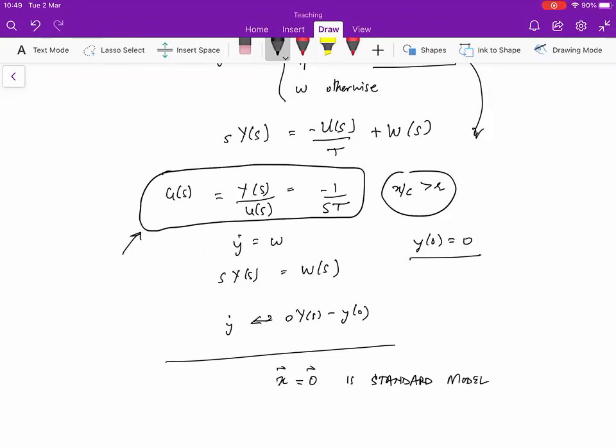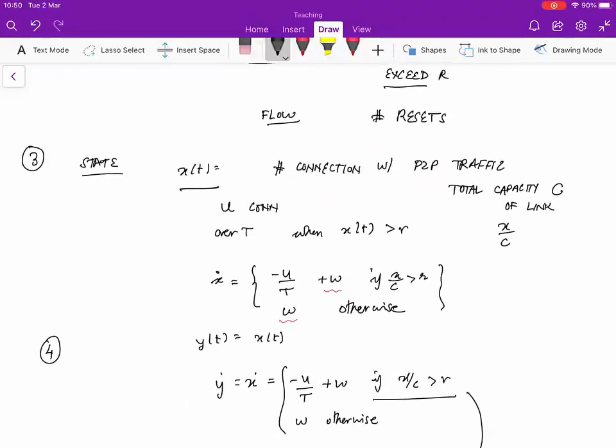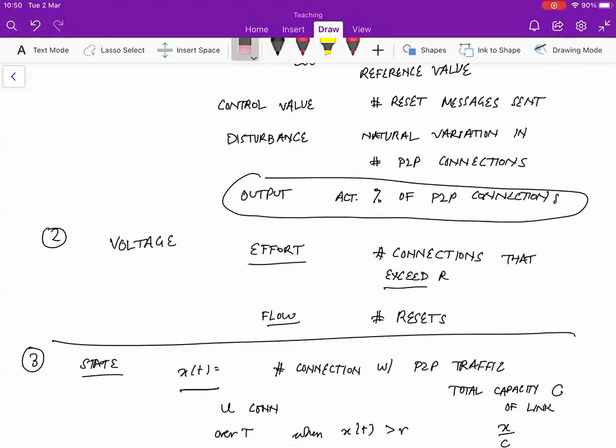Sorry, another question. In this question, y is referring to the number of connections, not the proportion, right? Yes, I think I said that over here. I redid this over here with the number of connections. To be consistent, I want to keep the number of connections, so I should make this the actual number as opposed to percent.